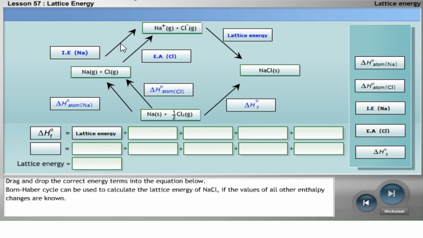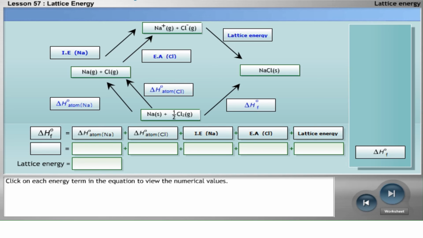You can see, all the arrows in the same direction we will add, and in the opposite direction we will subtract. Delta Hf is equal to delta H atomization of sodium, delta H atomization of chlorine, IE for sodium, EA for chlorine, and lattice energy.